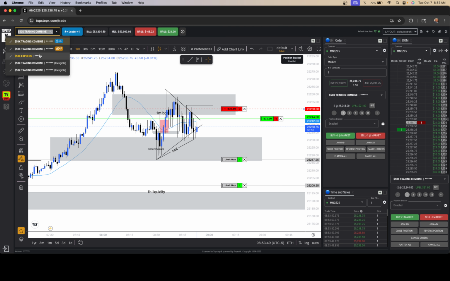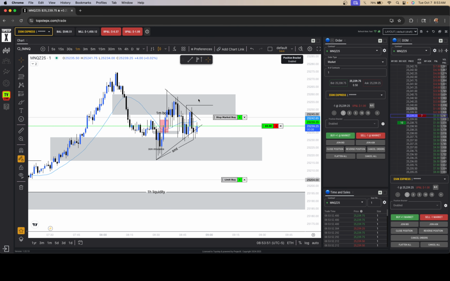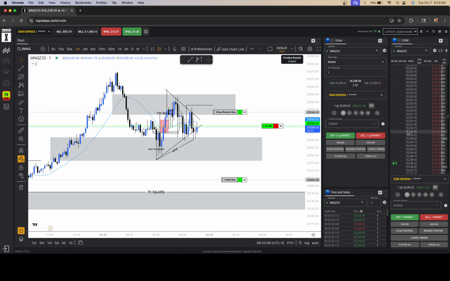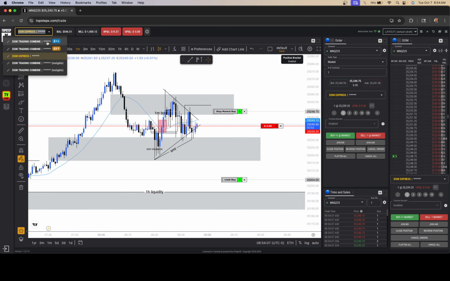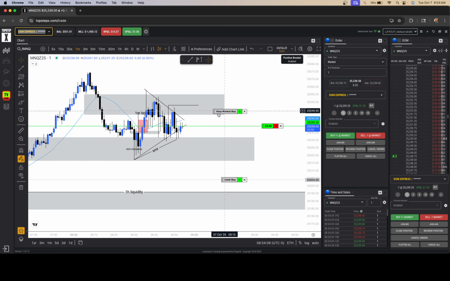Trying to hold on to it. Let me see how much I'm risking. Only 18 on this, so we'll see.